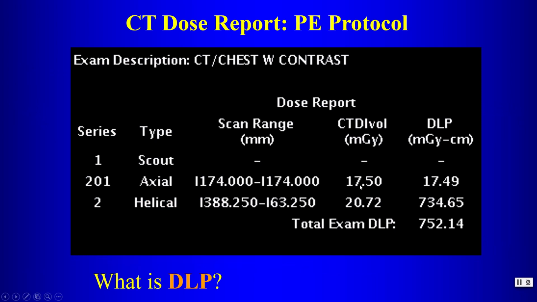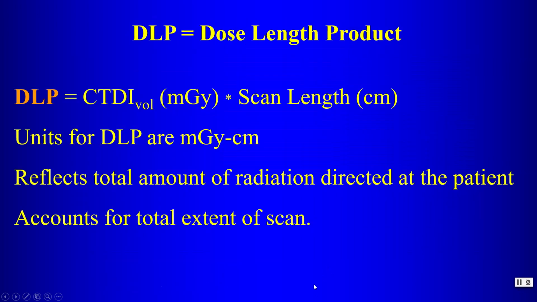So next to the CTDIvol here, we have the DLP, which is the dose length product. And so the dose length product here is the CTDIvol, which is in the units of milligray, times the scan length, which is in units of centimeters. So the units for the DLP will be milligray-centimeter.